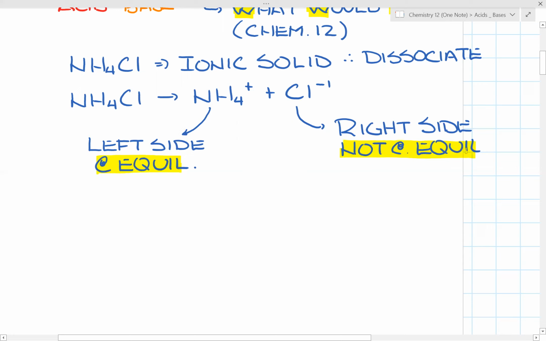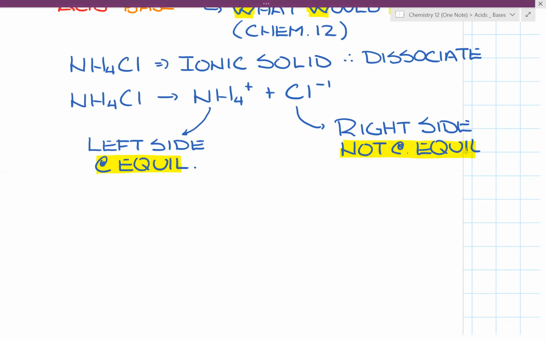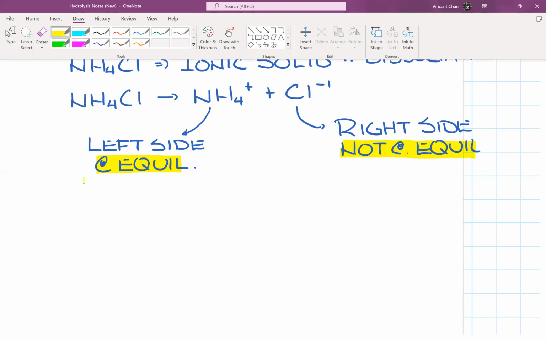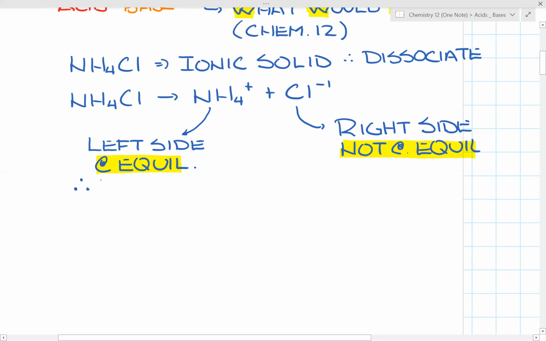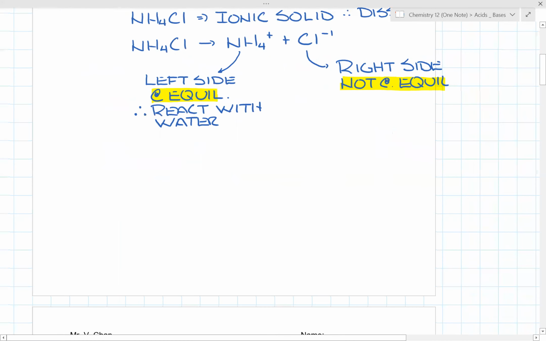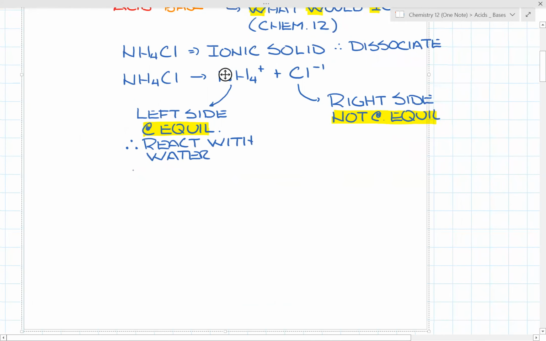So in this case, if NH4 plus is on the left side at equilibrium, therefore it will react with water. Okay. And what do we mean by reacting with water? Therefore, hydrolysis.